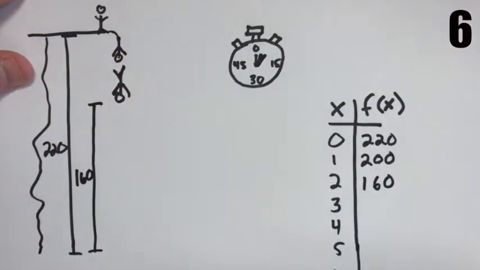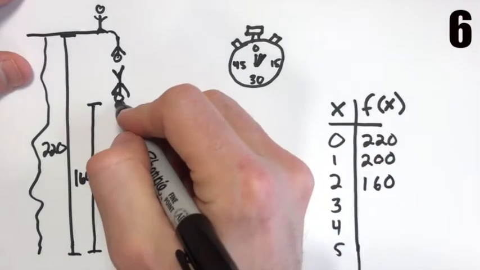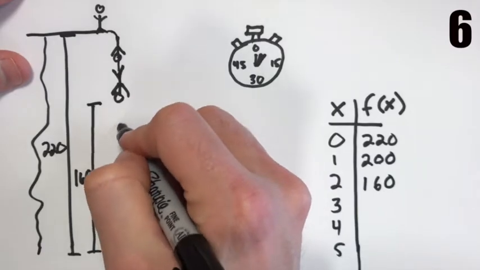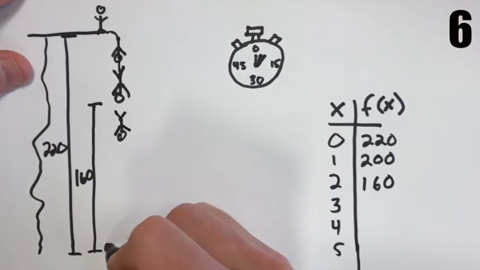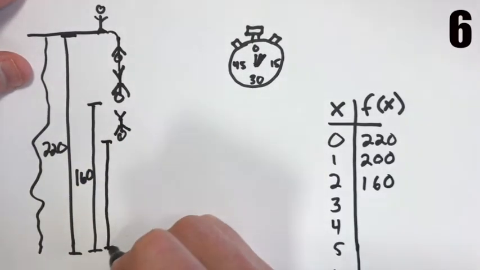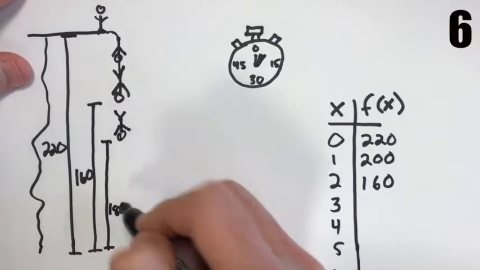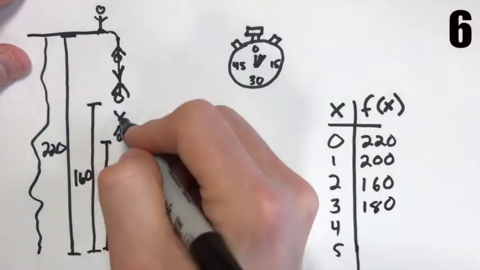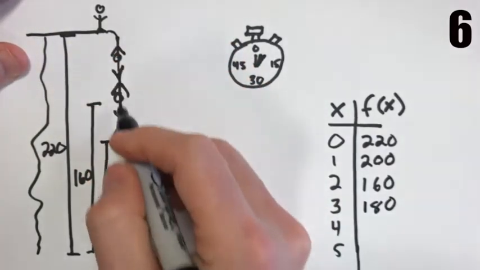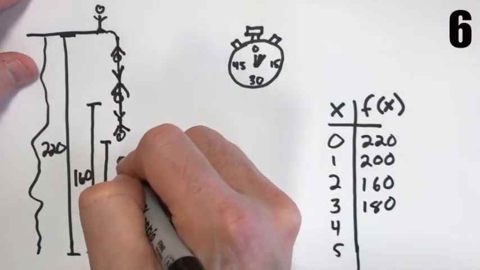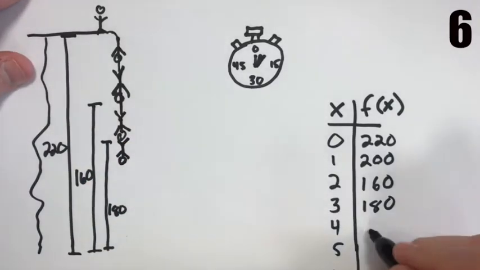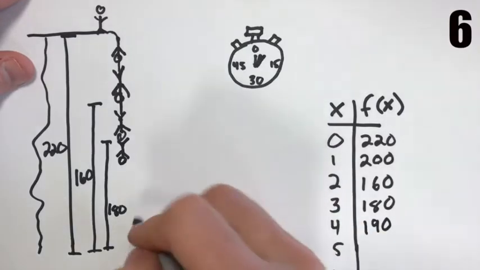After 3 seconds, they're at 180. So their cord must be getting tight. After another second, they're down to 190.